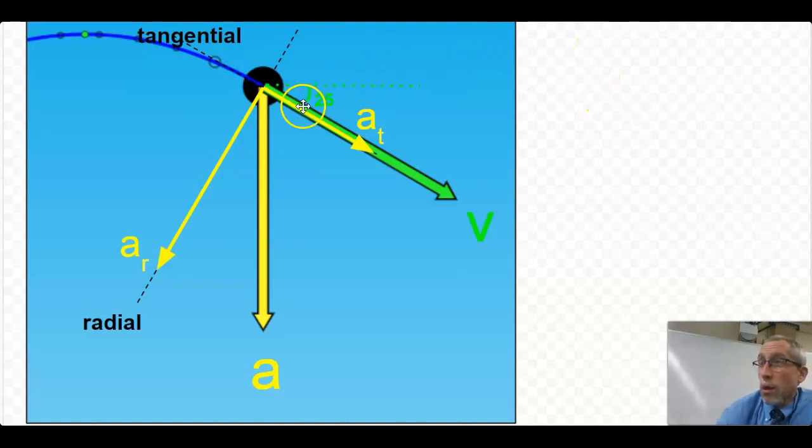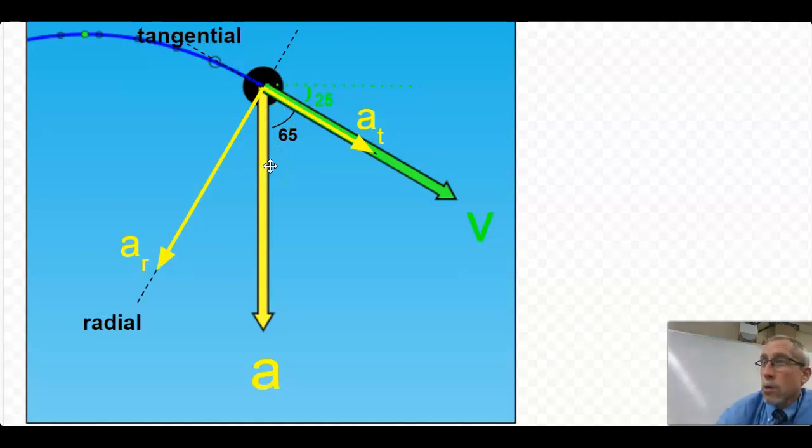So if we know this is 25 from horizontal and this is straight vertical, then the remaining angle, and I always put little arcy things in here, I wish I knew what they were called, that would be a 65-degree angle in there, because obviously this dashed green line and this vertical line have to make 90 when we put them together.